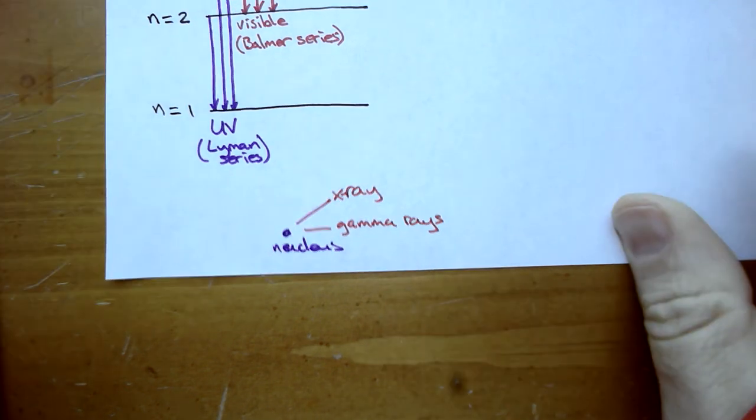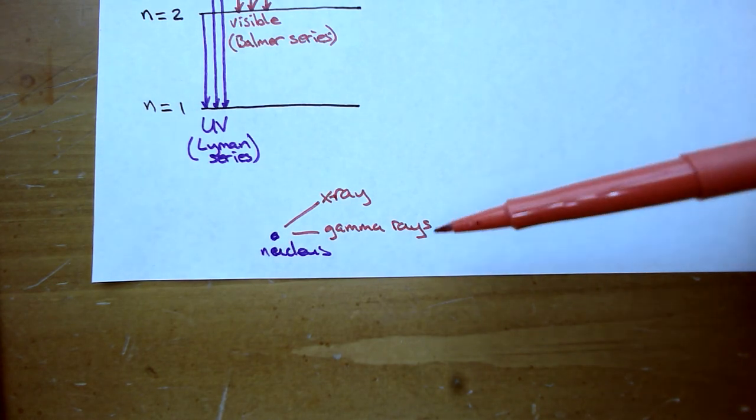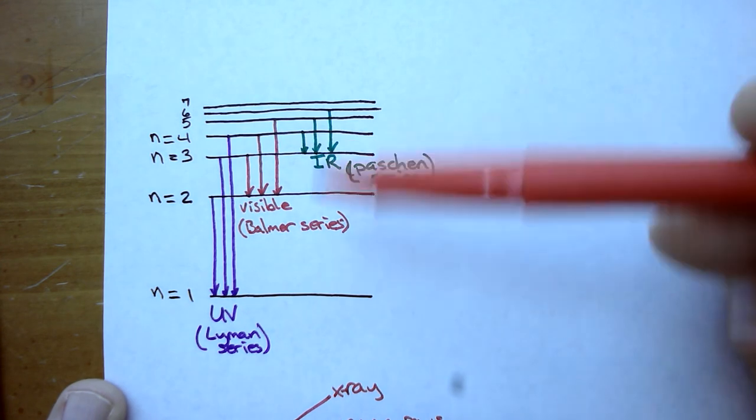Okay, so our visible spectrum, or our electromagnetic spectrum, comes from the fact that electrons get excited and drop to lower energy levels.